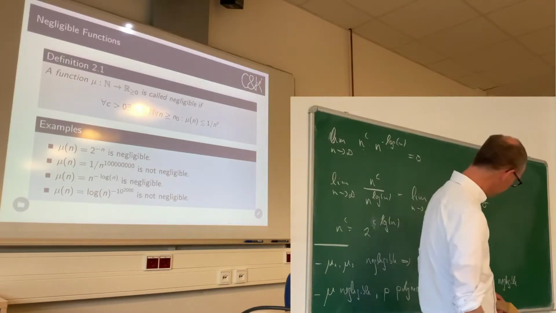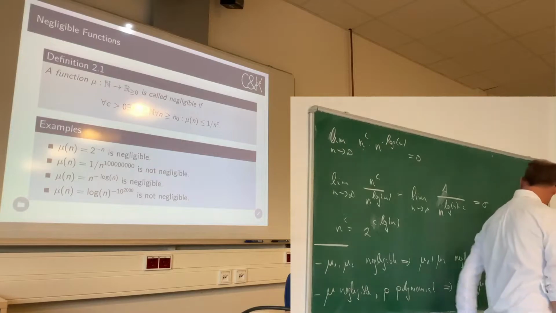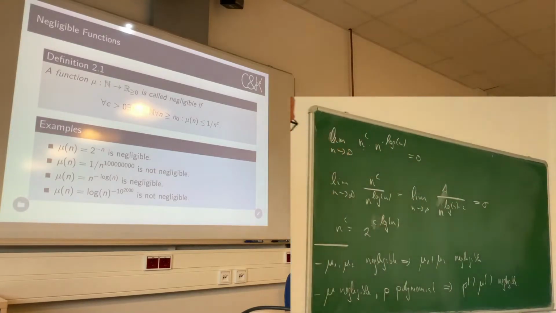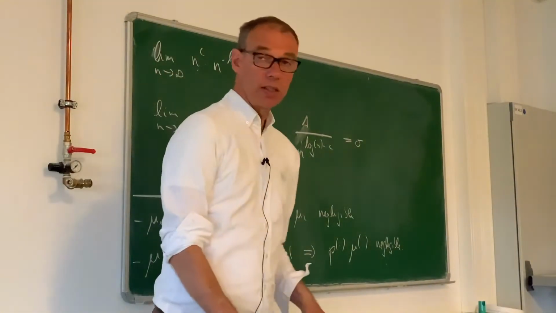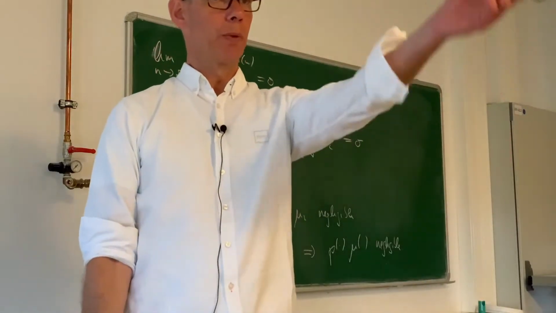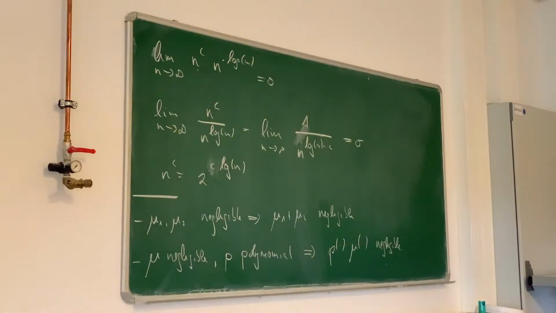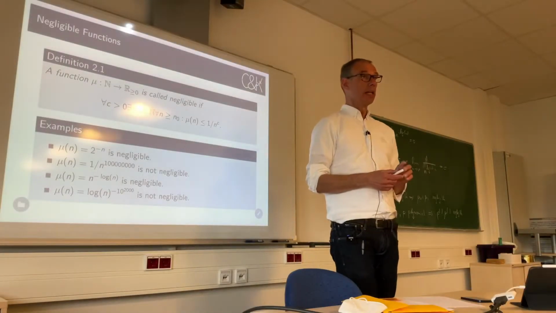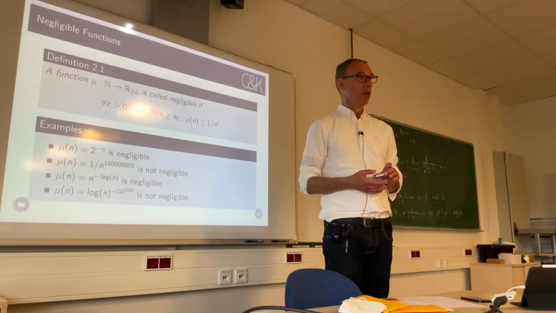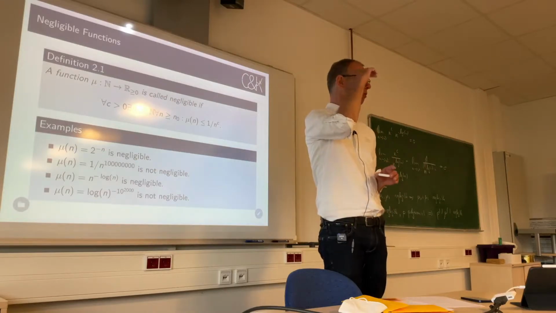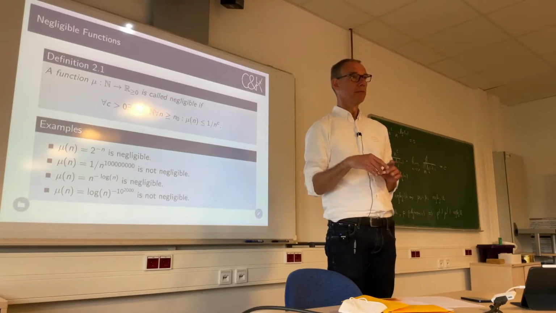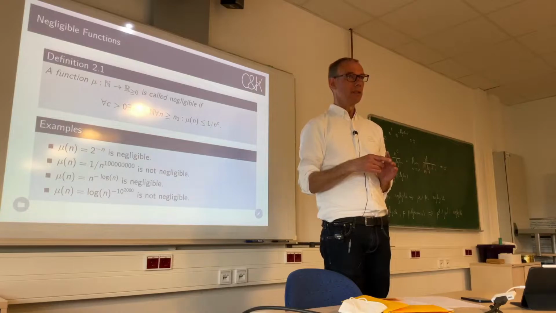So these are a few rules, and that's good enough for all that we want. Negligibility is the thing that we look at. If something's negligible, we can ignore it. It's as good as zero.